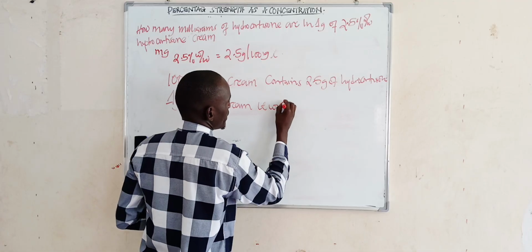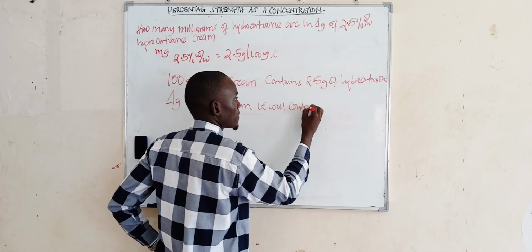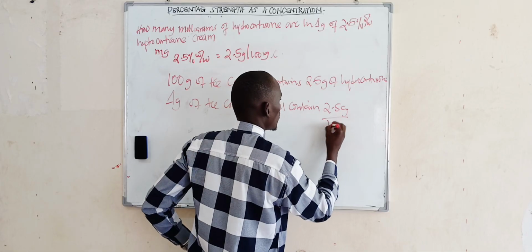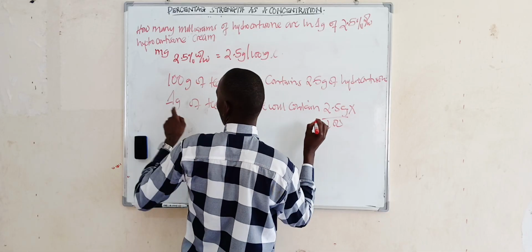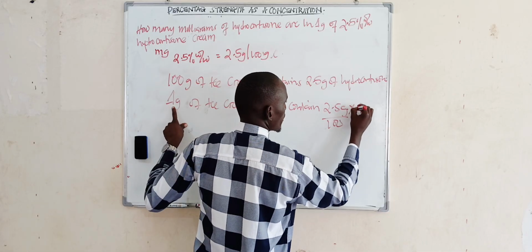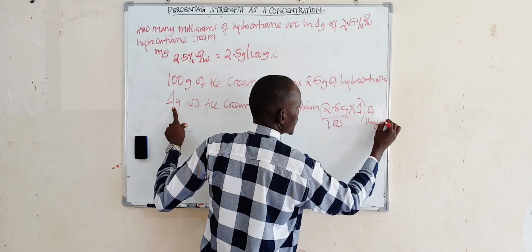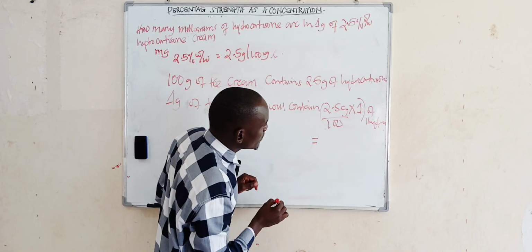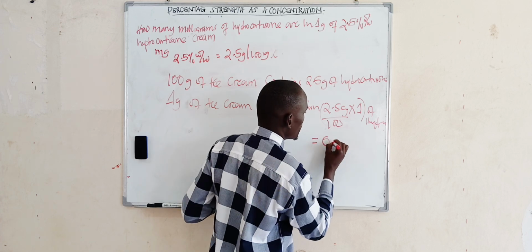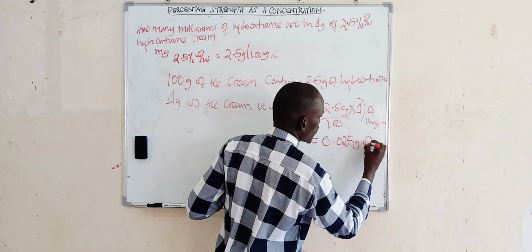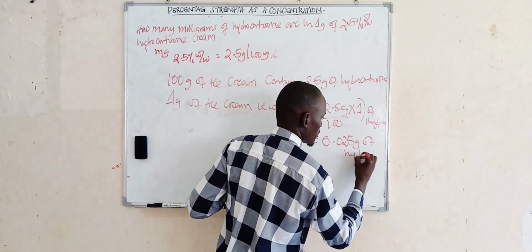It will contain 2.5 grams out of 100 times 1 gram of hydrocortisone. So this will give us 0.025 grams of hydrocortisone.